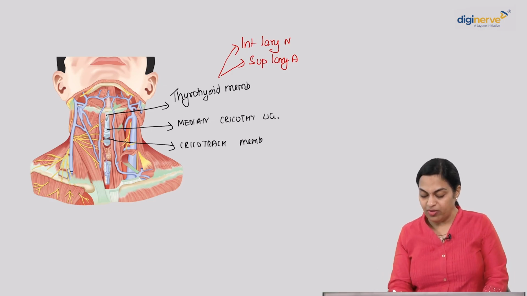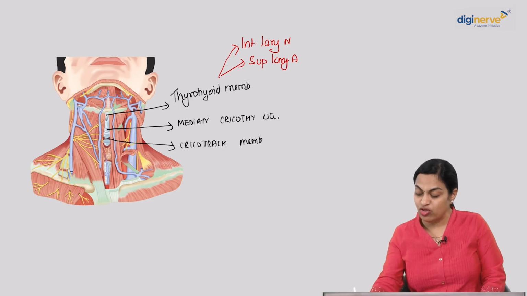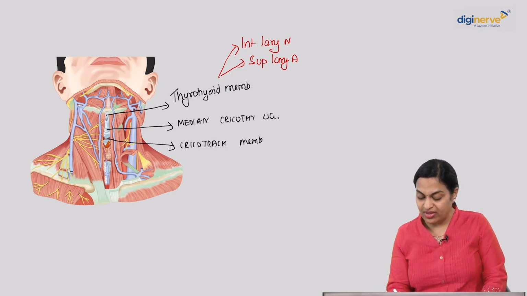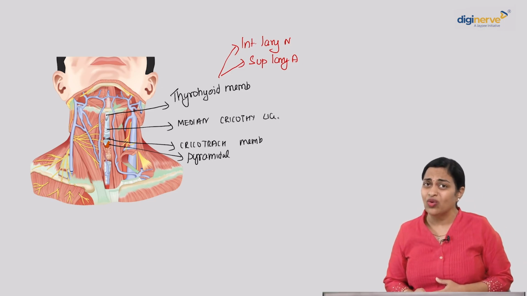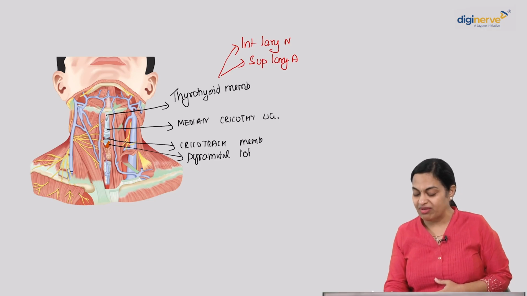Sometimes from the upper border of the isthmus, you can see an extension of the glandular tissue. What will we call it as? Yes, the pyramidal lobe. And sometimes we can see a fibrous strand extending from the pyramidal lobe to the hyoid. What will that be? Levator glandulae thyroideae, a fibromuscular glandular strip.